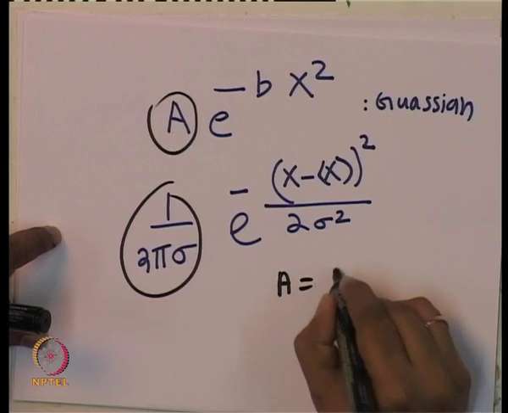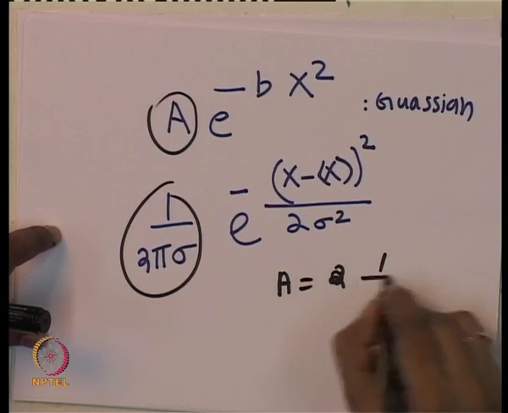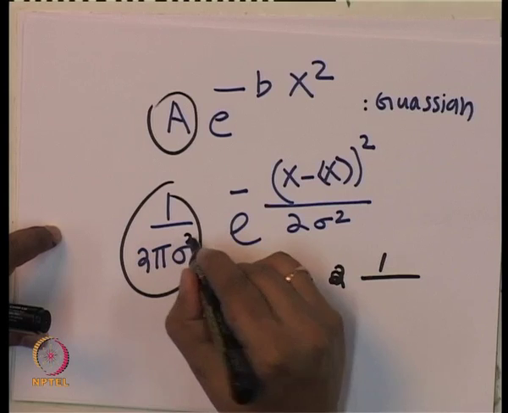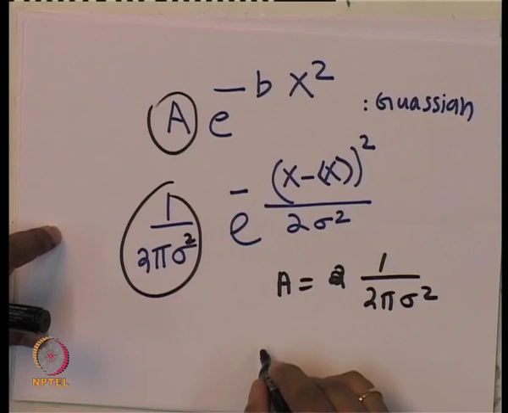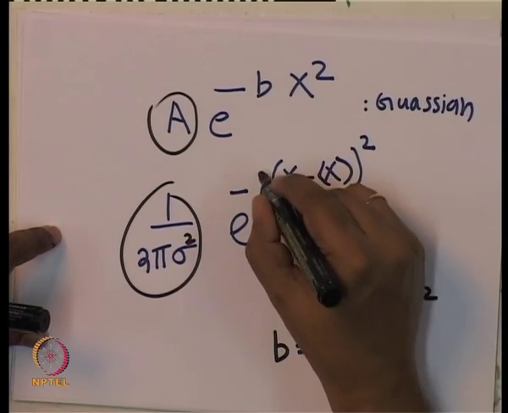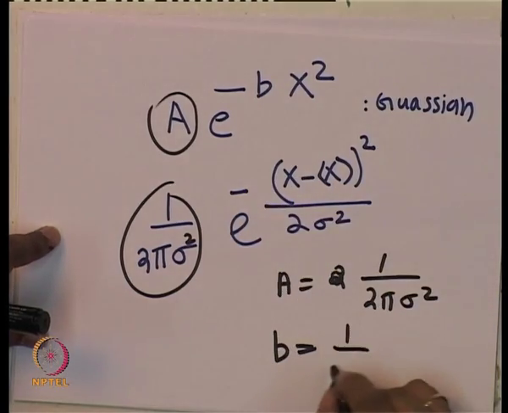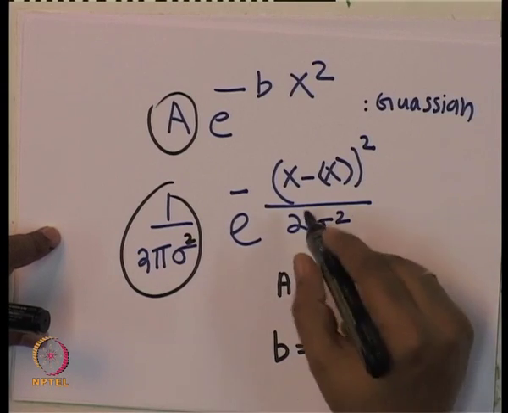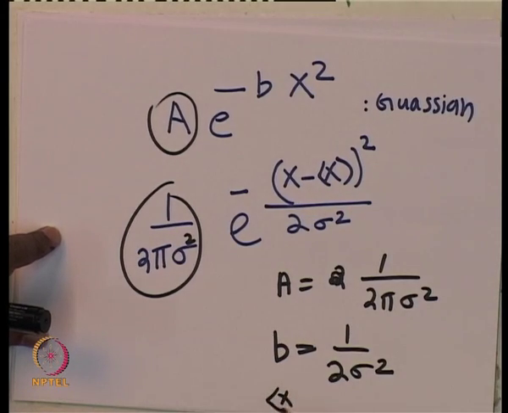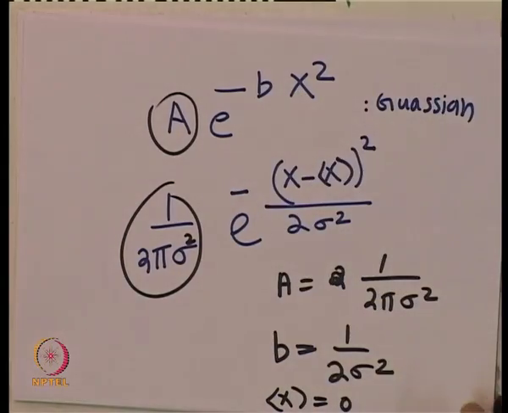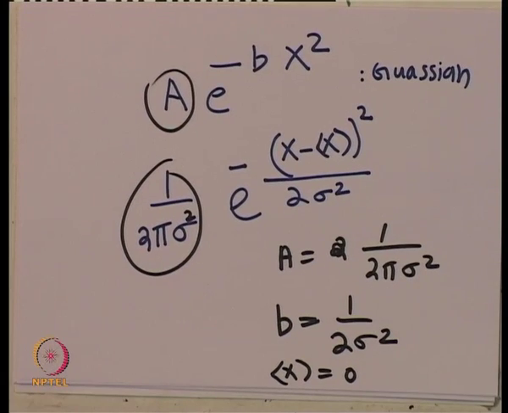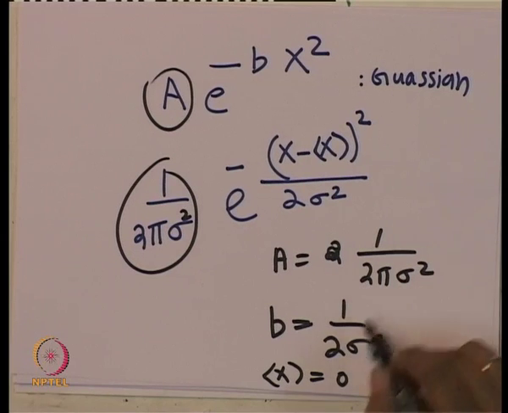So, a is 1 over, sorry, there is a sigma square here, 1 over 2 pi sigma square, and b is 1 by 2 sigma square, and x average in this case is 0. If you compare this and this, you just get this particular thing. Now, x average can be anything, but a is always 1 by 2 pi sigma square, and b is 1 over 2 sigma square.